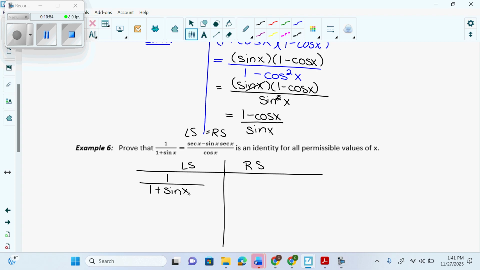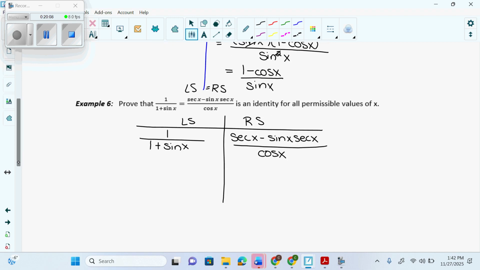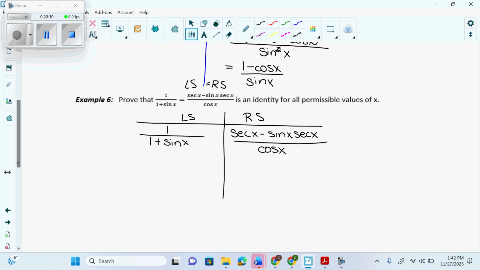This side is more advanced, more complicated. 97% of the time, if you are stuck, it's because you're not spotting a difference of squares, multiplying by the conjugate, same thing, or you don't spot a GCF. So we're going to look at the right-hand side.